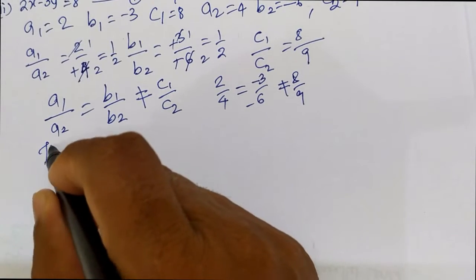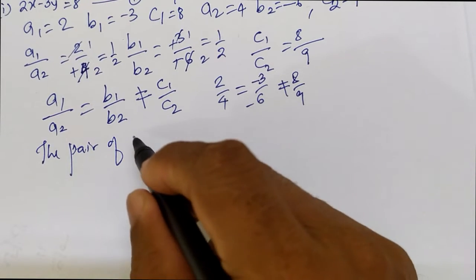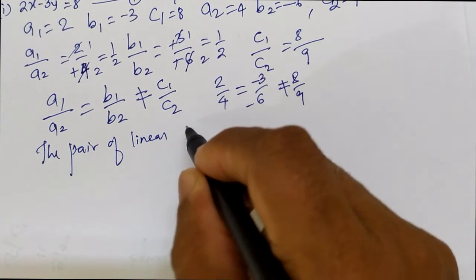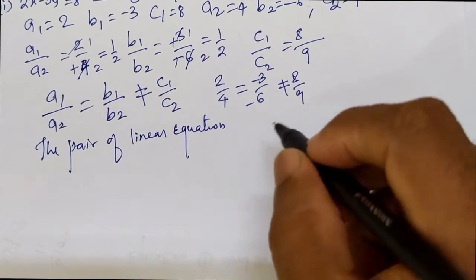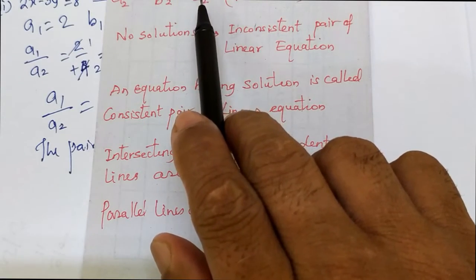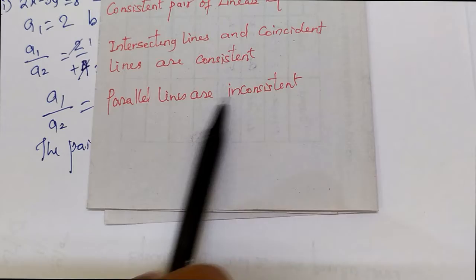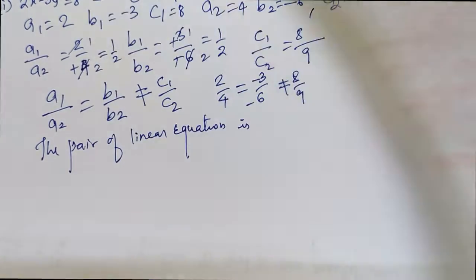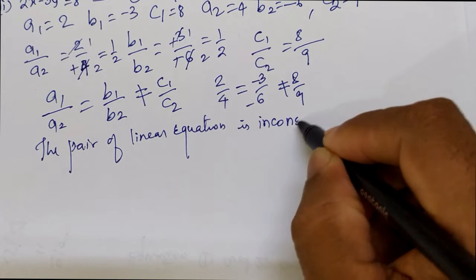The pair of linear equations is A1 upon A2 equal to B1 upon B2 not equal to C1 upon C2. So it is parallel lines and no solutions, and we call parallel lines inconsistent. So it is inconsistent.